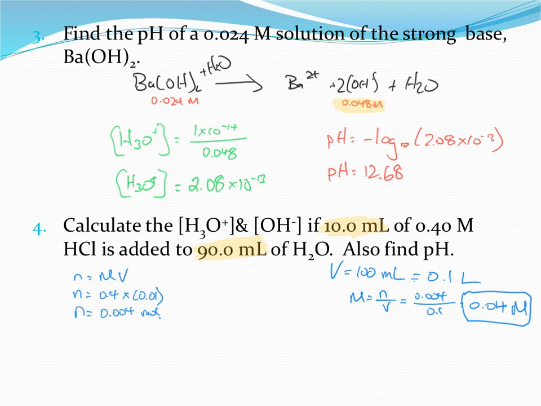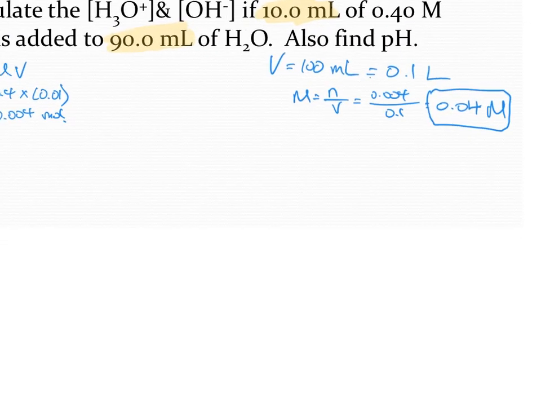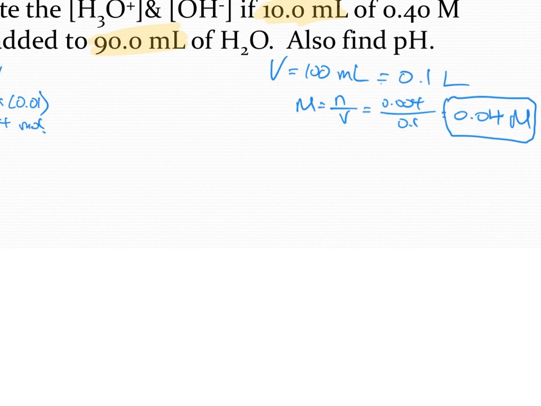Okay, so now we can use that to help us find the hydronium ion concentration, the hydroxide ion concentration, and the pH. I'm just going to move this up a bit to have lots of room. The thing is that we've seen before, but we'll go through this process again.